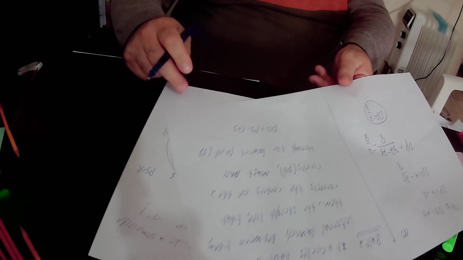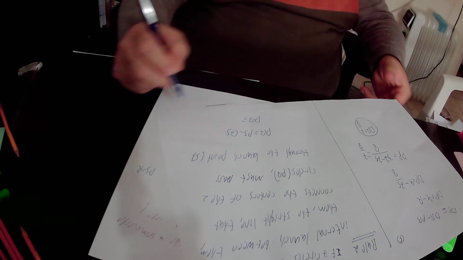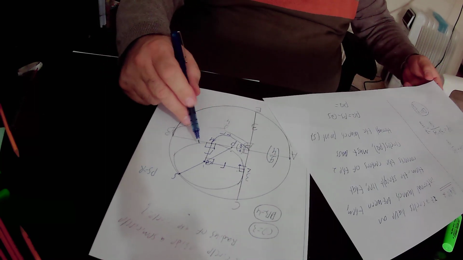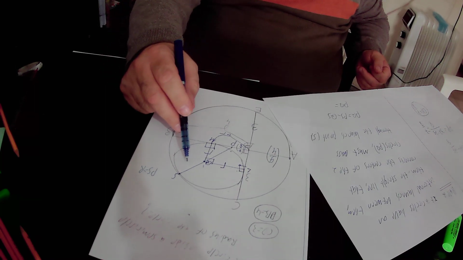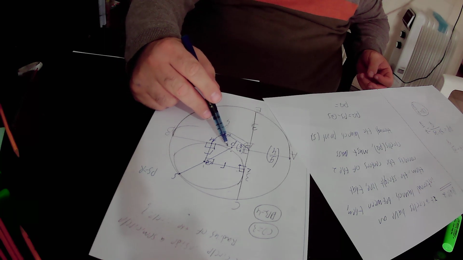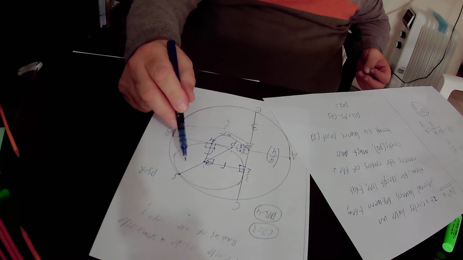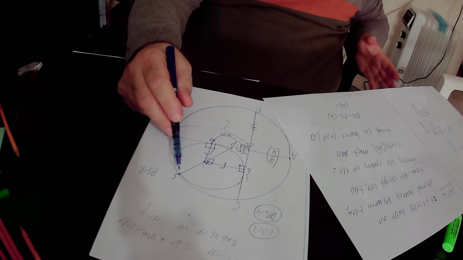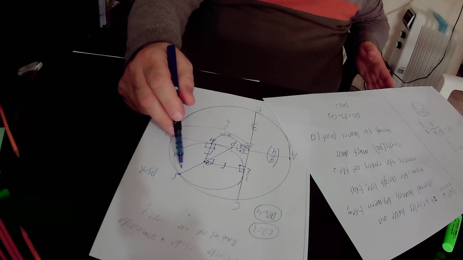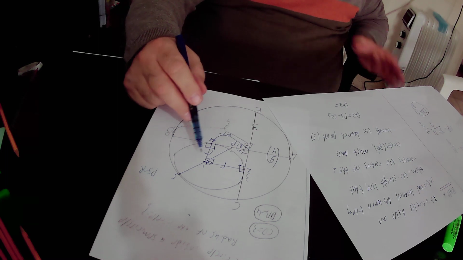So PQ equals PS, that is capital R, the radius of the big circle, because it starts from the center of the big circle, that is to say from point P, and ends at point S, that is a point on the circle itself. And this is exactly the definition of a radius.